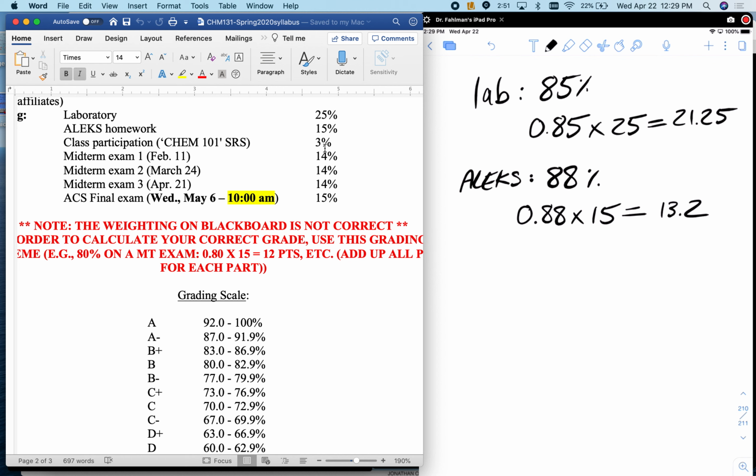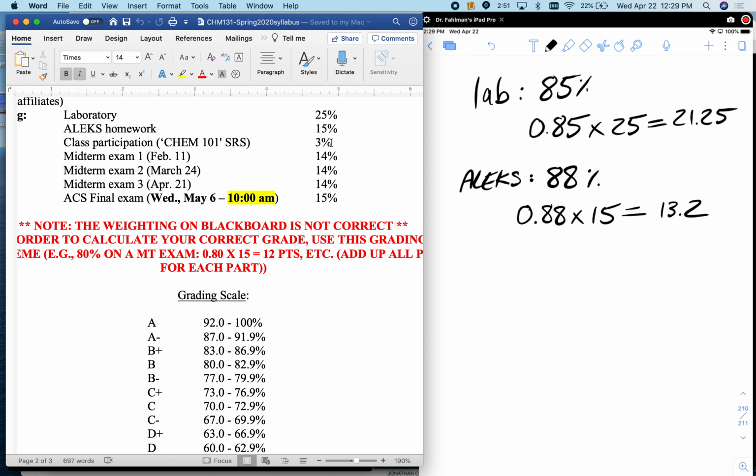Okay, then class participation. As long as you have participated, even if you're getting the answers wrong, as long as your participation is at least 50%, so half the time you have put in an answer in Chem 101, you will get the full 3%. Okay, so if it's less than that, then I'll give 2%, 1%.